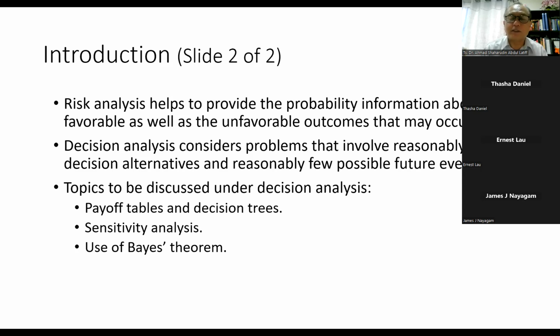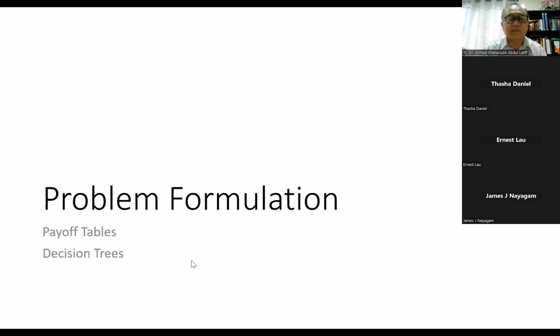Remember, we have decision alternatives and reasonably possible future events and uncontrollable variables. And then we look into the result variables or payoff tables, decision tree, sensitivity analysis, which we covered. Now we will also cover Bayes' theorem.